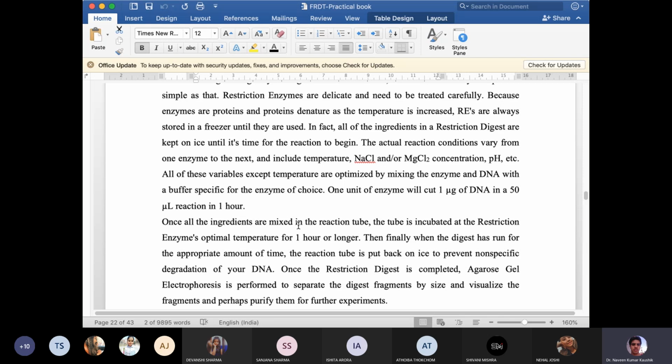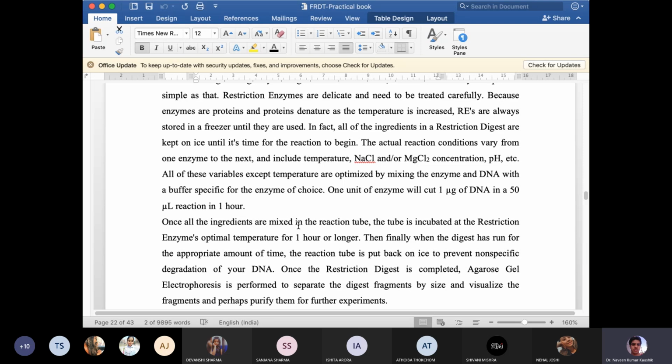Let's simplify and say we have four restriction sites, at 200, 400, 600, and 800.